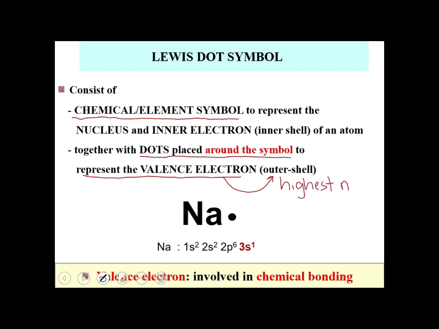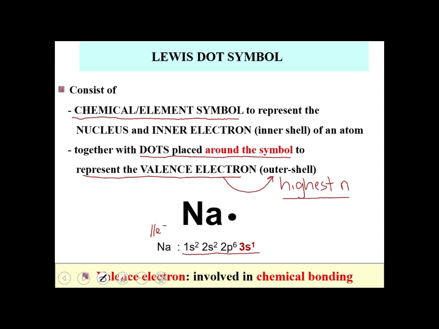Highest n. Okay. So the example, sodium. So sodium, you have 11 electrons. If you draw the electronic configuration, it will be 1s2, 2s2, 2p6, 3s1. So if I ask you how many valence electrons, just take a look at the highest quantum number n.